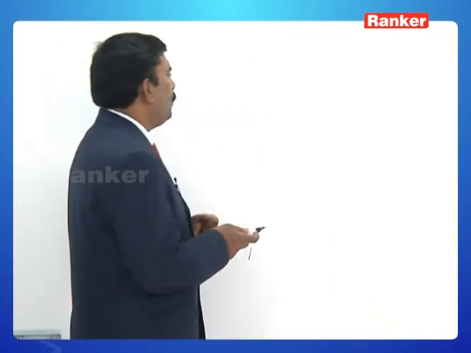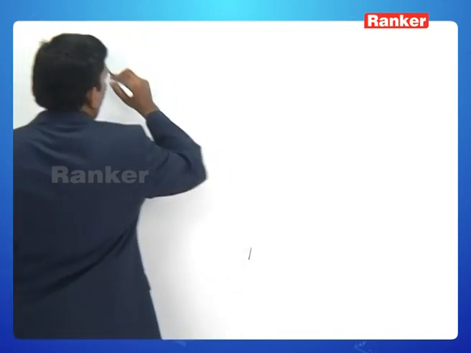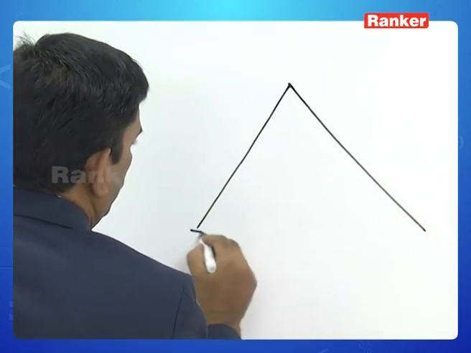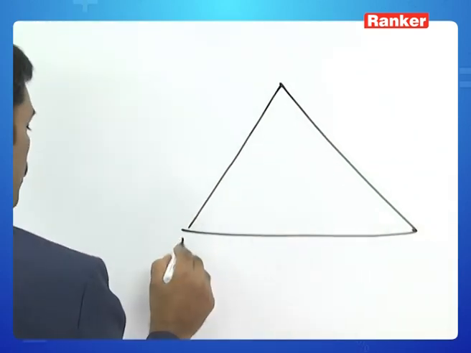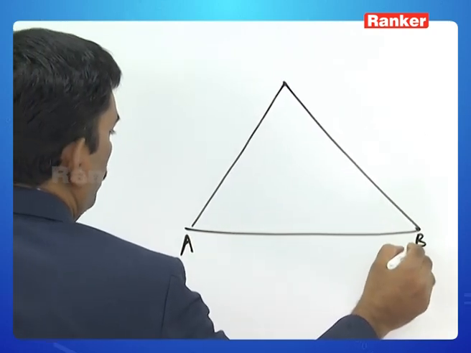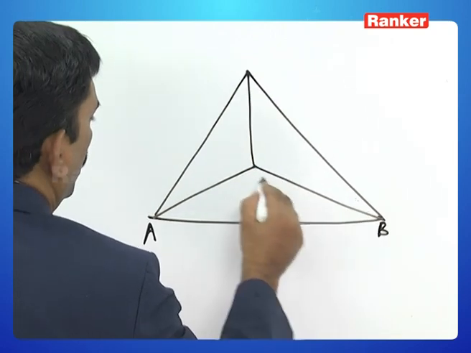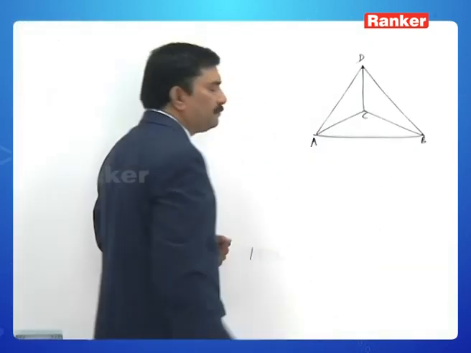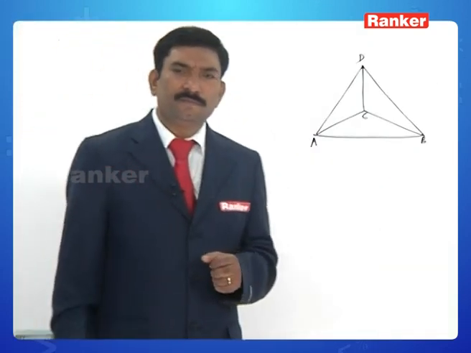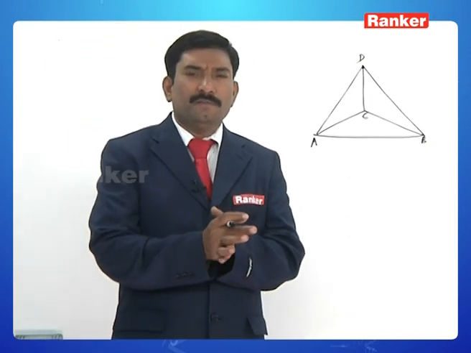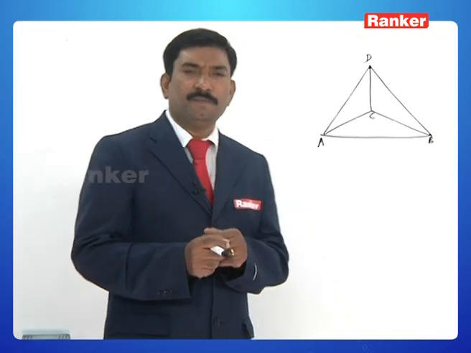Now I go to the tetrahedron. How many faces does it have? What are its structural conditions? If I take A, B, C and D, so therefore, tetrahedron and regular tetrahedron.